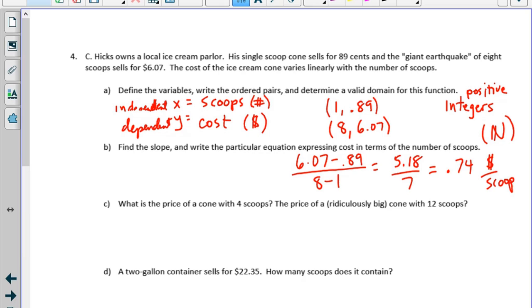Is this something that I can do without a calculator? Yes, I can do $5.18 divided by 7.